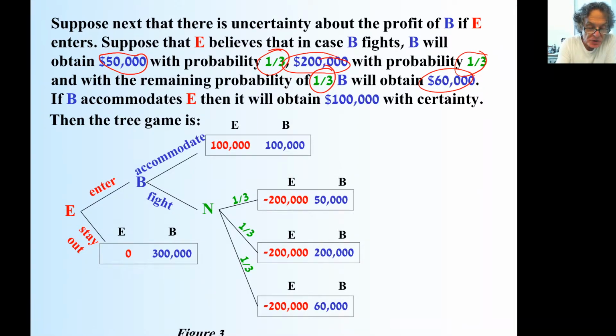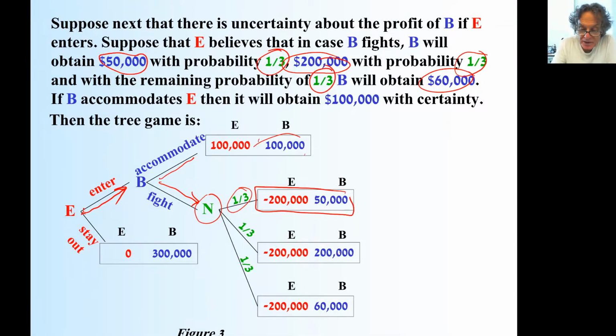So he knows, let's start. If he enters, what happens? B has to make a decision: accommodate, in which case she's going to get 100, or fight. If she fights, N is for nature. Sometimes it's called a chance move, and think of it as God deciding what will happen. With probability 1/3, B will make 50,000.